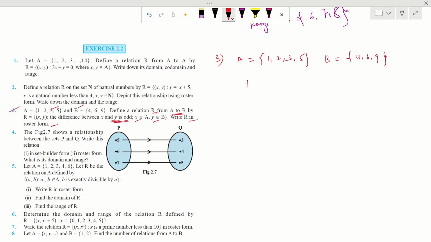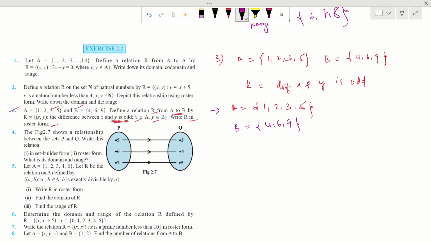So the relation condition given is that the difference between x and y is odd. I will write the elements of A here: 1, 2, 3, 5. And B is given as 4, 6, 9.